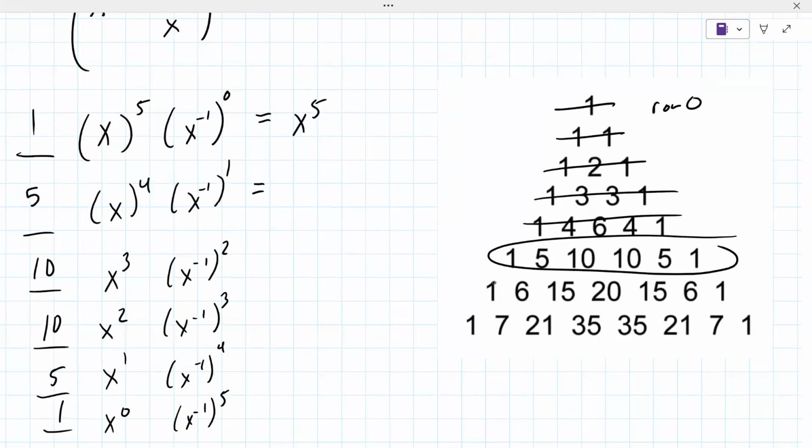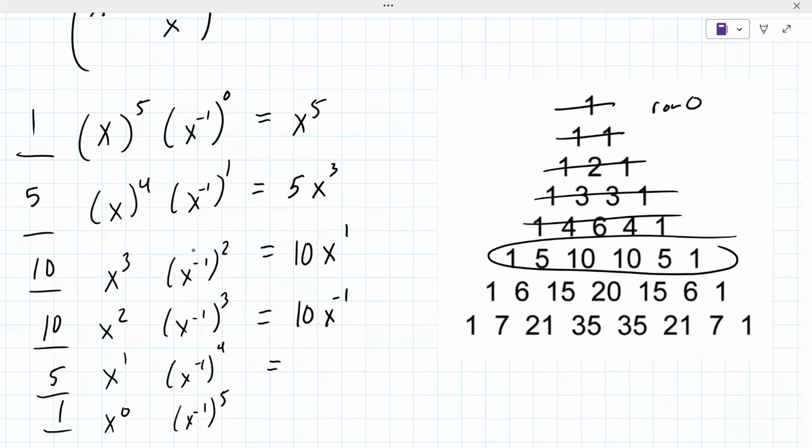The second one, though, is 5x to the 3rd, right? Because you have negative exponents here. When it goes with this, it becomes positive. The next one here is 10x to the power of 1, because this is minus 1 times 2, minus 2 plus 3 is 1. Then you get into the negative exponents.